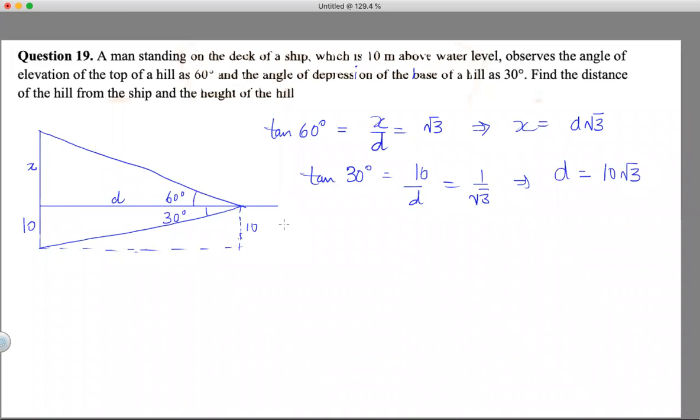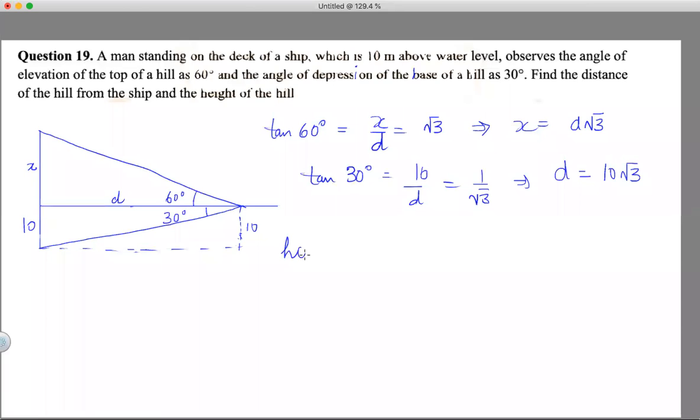Okay, so now we find that this distance is 10 root 3. So the distance we had to find, the answer is 10 root 3. And the other thing we have to find is height.